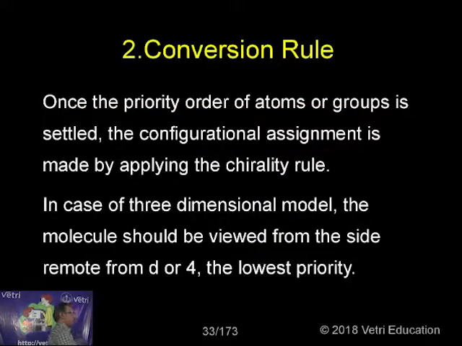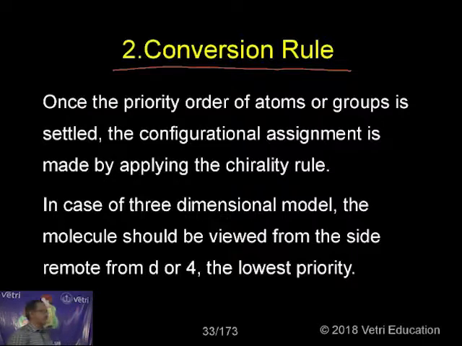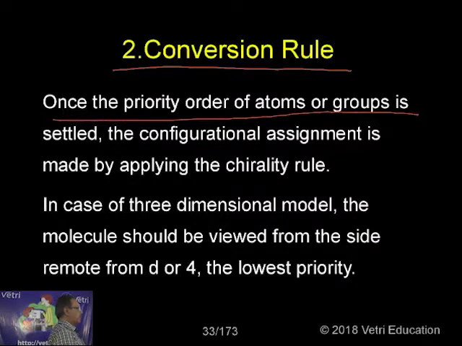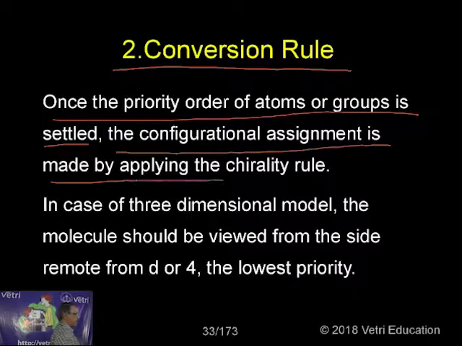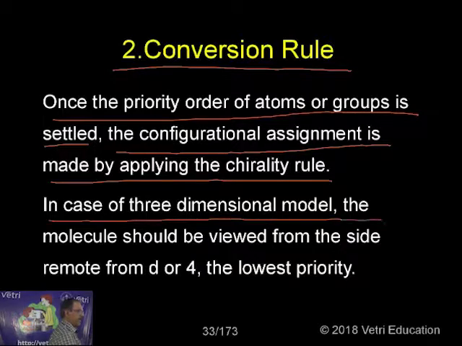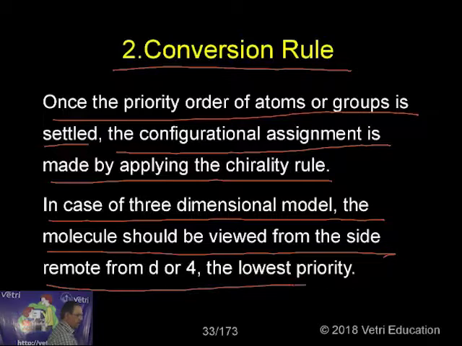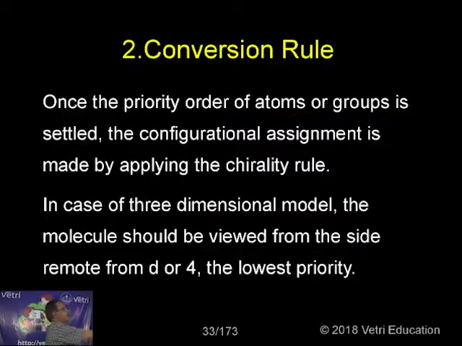The next one. Once the order is fixed, then we have to convert the order to R or S. For that, once the priority order of atoms or groups is considered, the configurational assignment is made by applying the chirality rule. In the case of a three-dimensional model, the molecule should be viewed from the side opposite to the lowest priority group.